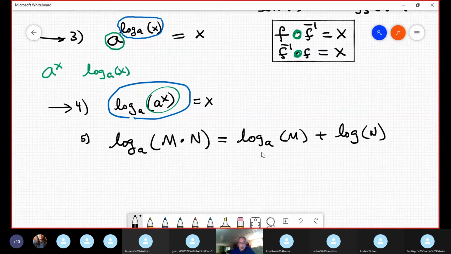It doesn't matter if it's two, three, or several factors like p, q, r, t, you separate into several logarithms. This is very useful, and we're using this idea, not exactly in that direction, in the opposite direction.